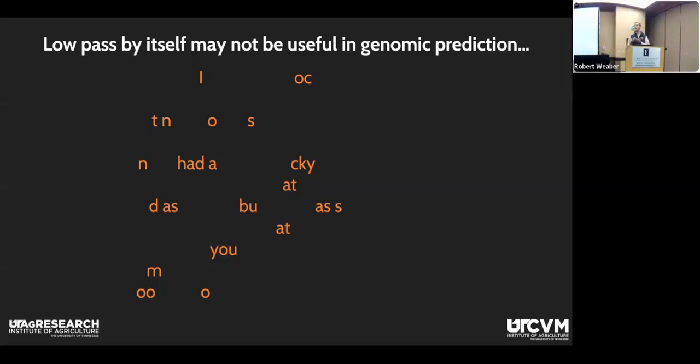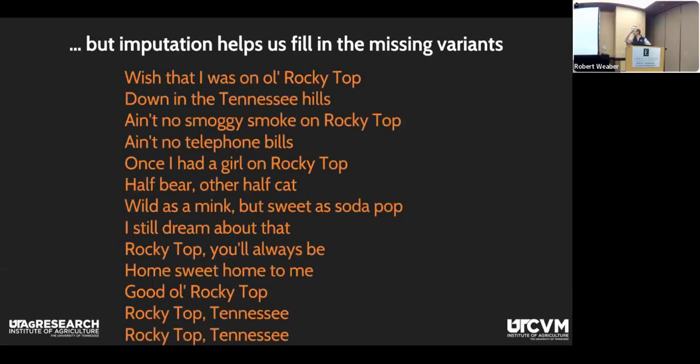So we can utilize this information, the positions of variants that we call with some level of confidence, in order to fill in the missing stuff. As you can see here, this is an all-time great song, Rocky Top, that we sing a lot in Tennessee. But again, this is imputation filling in the missing parts that we're not able to observe with that low-pass genomic sequencing. We can do the same thing with chip data as well.